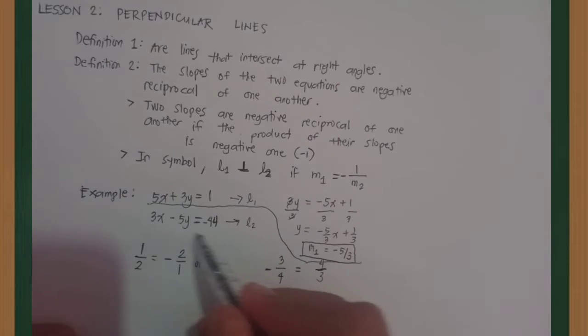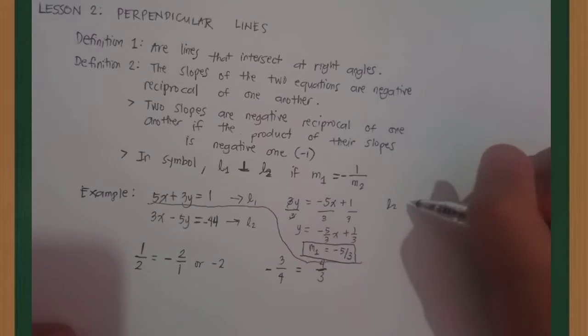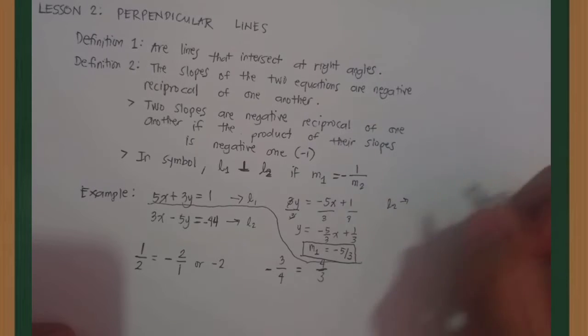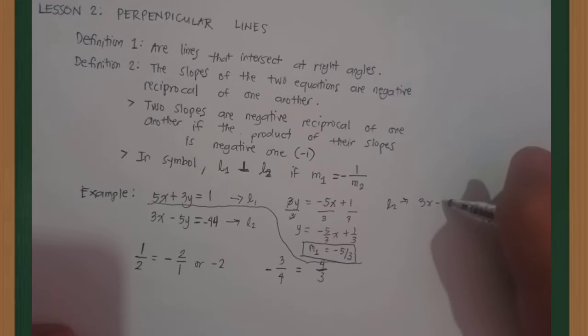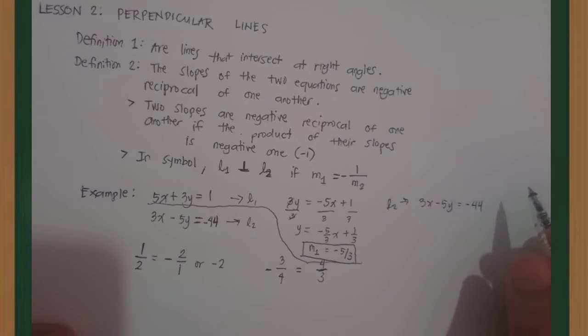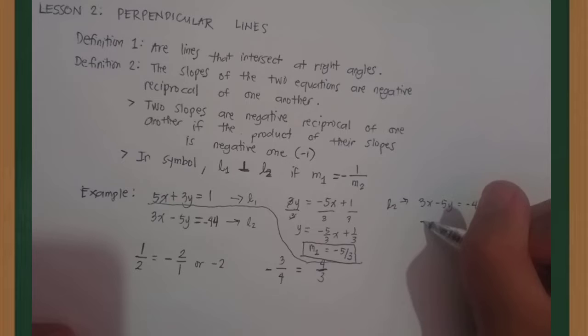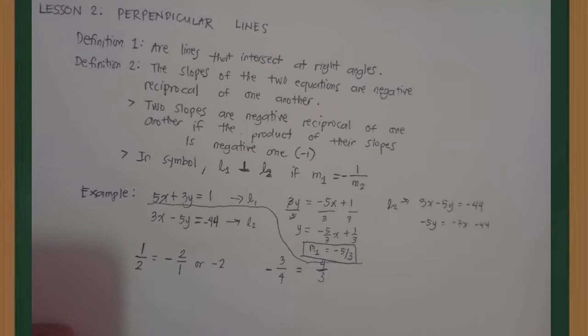Now, let's solve for the slope of our second line, L2. We have 3x minus 5y equals negative 44. Let's solve for its slope. So negative 5y equals negative 3x minus 44. Are you following?